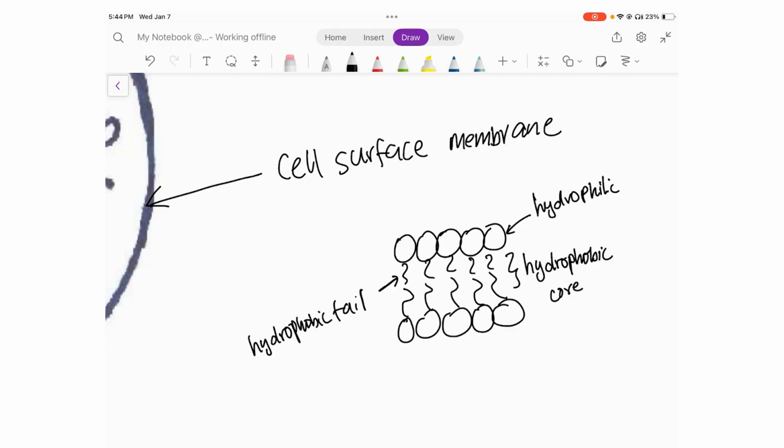So the cell doesn't let everything in the extracellular environment enter the cell. It only allows some things to come inside, and it also allows only certain materials to leave the cell. In simpler terms, the cell surface membrane controls the entry-exit mechanism of materials both into and out of the cell.